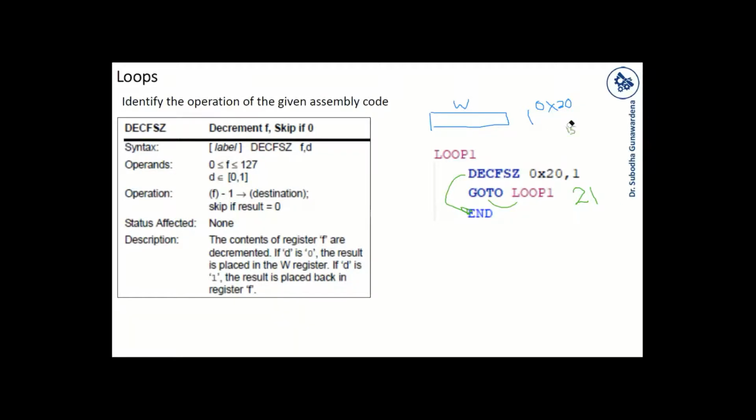If my value in the register was, let's say, 0xFF, in that case I will be going through this loop 255 times to decrement this to 0, right?